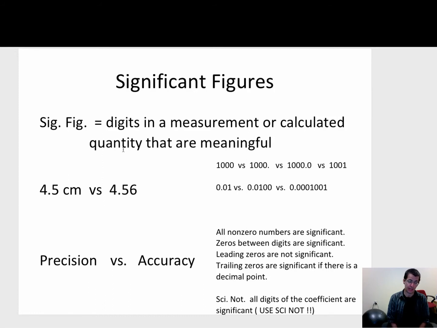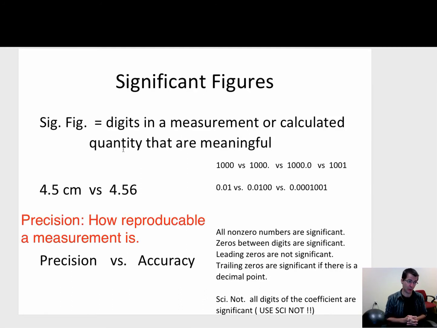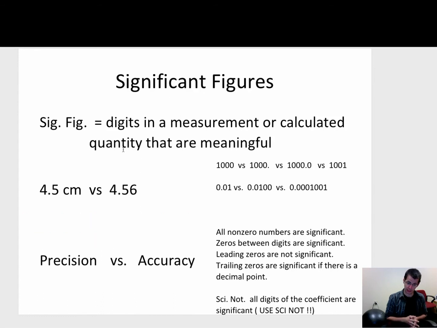Okay. Now, the greater the number of significant figures, the greater the representation of precision, how reproducible a measurement is. If I give you the calipers and you take that paper clip, you should be able to measure 4.56 centimeters reproducibly. Whether I do it, someone else does it, or we hop from scale to scale.